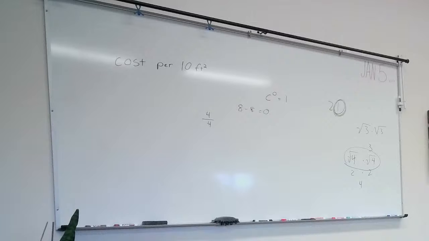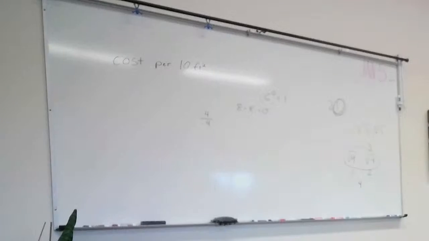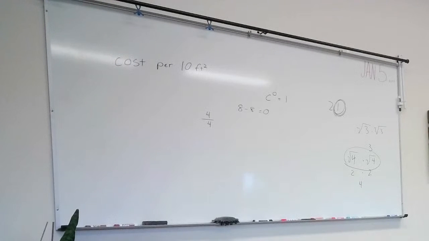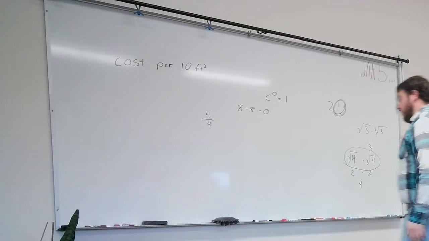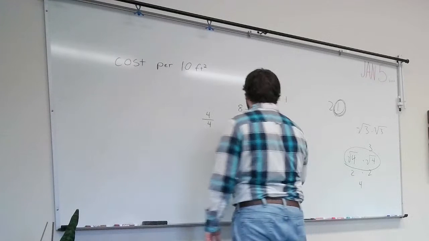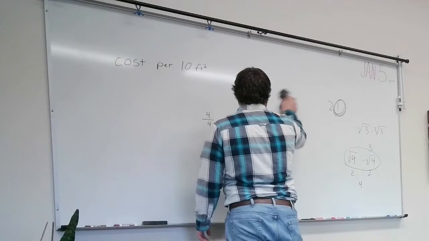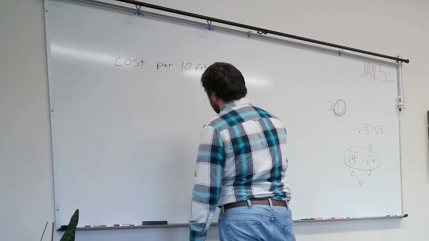Just substitute, so it's negative 2 times 1/4. Well, I suppose you could also just multiply the whole thing by 4 as well. I see what's going on. So then negative 8 plus 16.